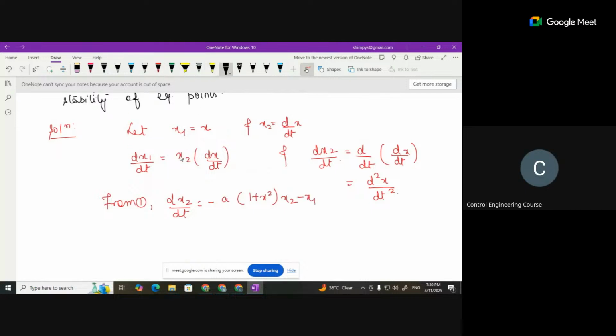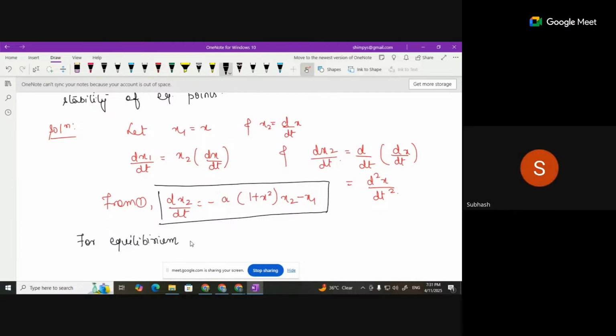I'm doing all this exercise to find out what? My equilibrium points, right? For equilibrium points, what I'll do? Equate x1 dot and x2 dot to 0. Correct. I'll set d by dt of x1 equal to 0 and d by dt of x2 equal to 0.